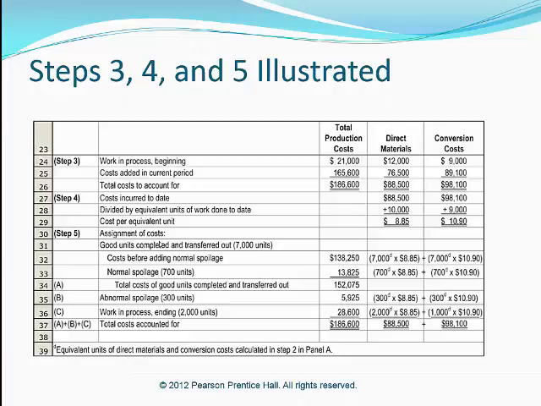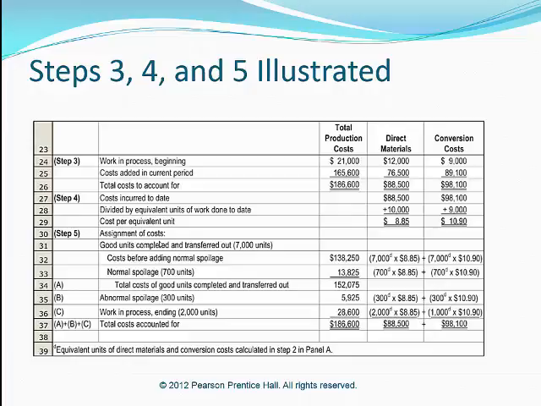In regards to the good units completed and transferred out, we've got 7,000 total units. We have costs before adding anything to do with the normal spoilage, because recall what I said in one of our prior videos, that typically what we're going to be doing is absorbing into our cost per unit for our good units the cost of those normal spoilage units.